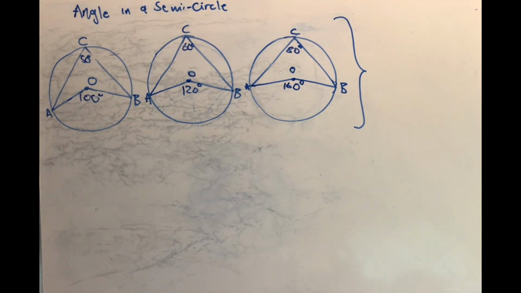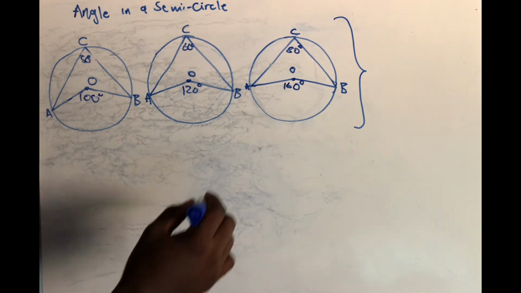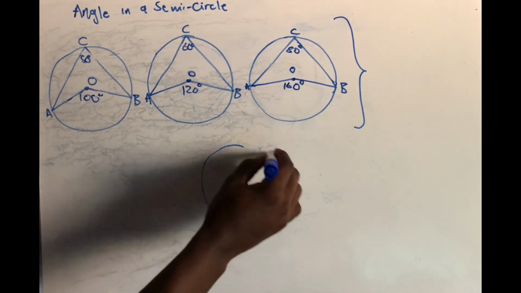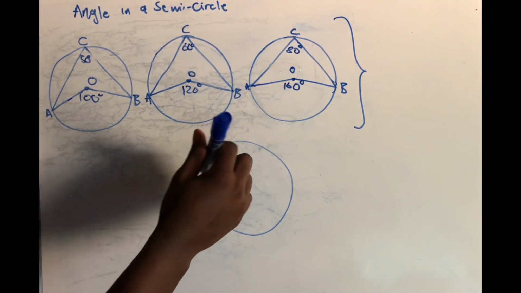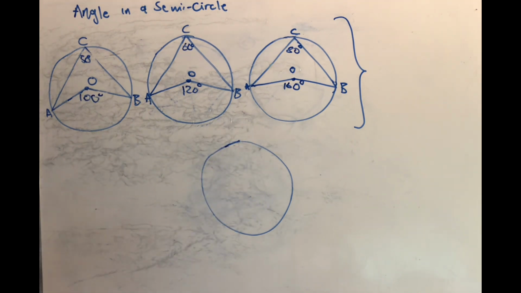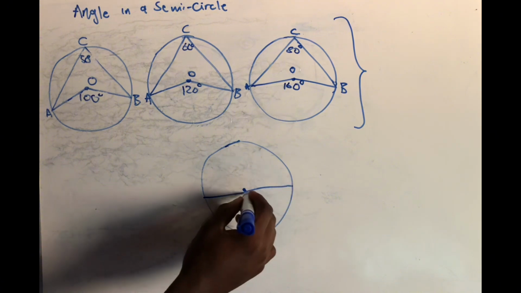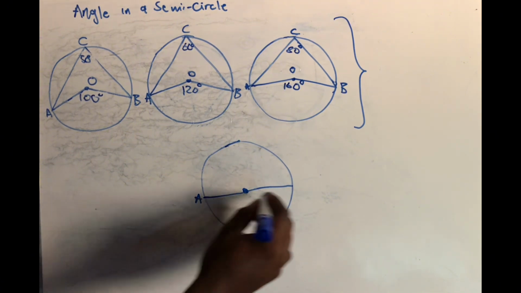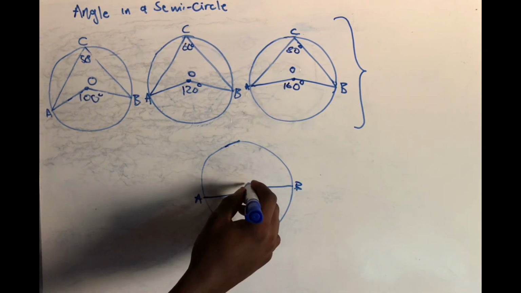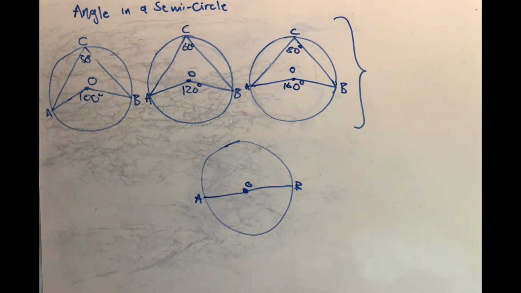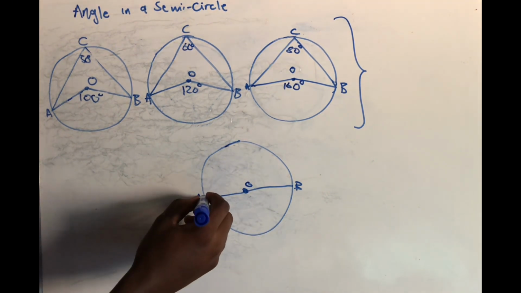Now let's get into the theorem that states that an angle subtended by a diameter, let's draw a diameter AB, center O, and then let's extend an angle from the diameter.